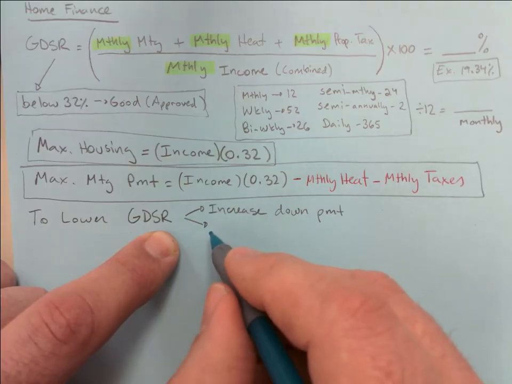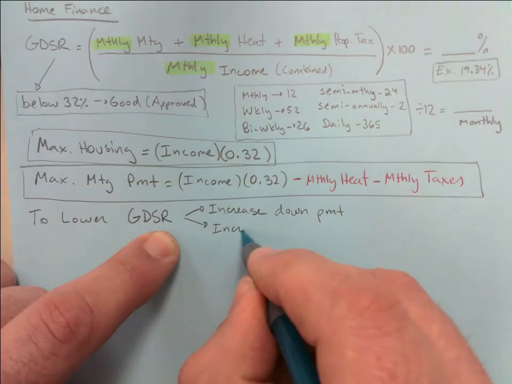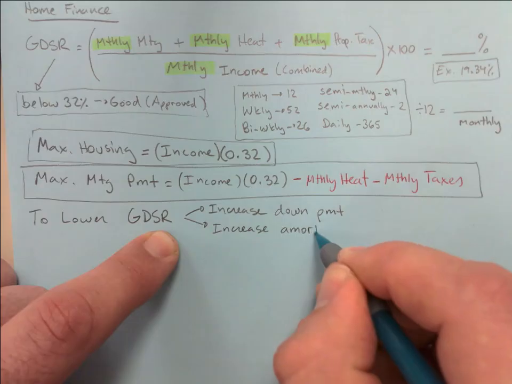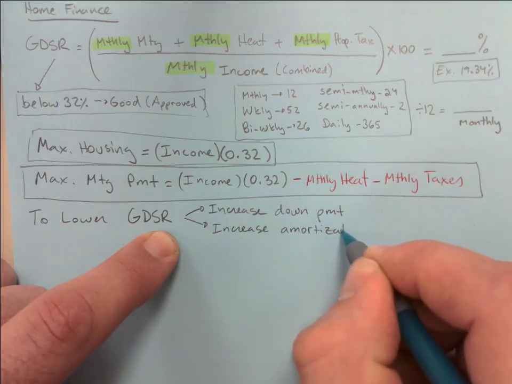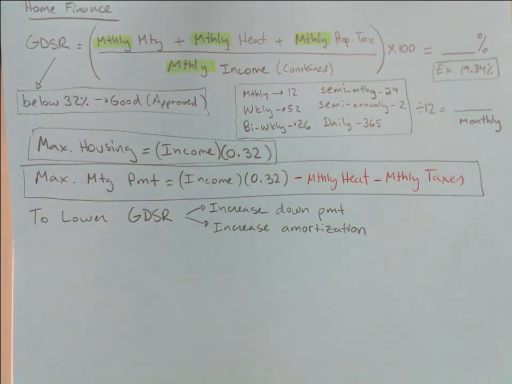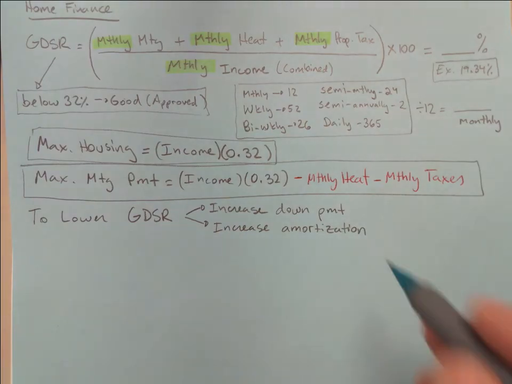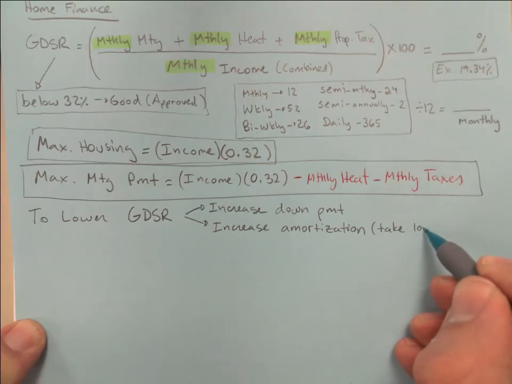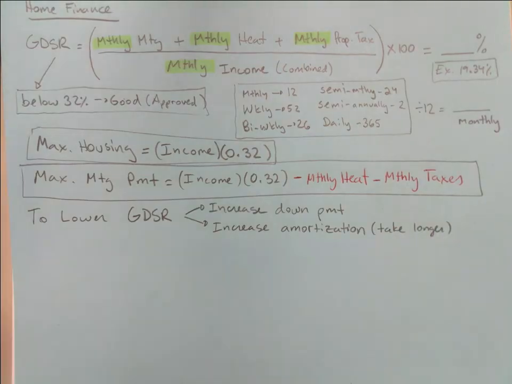You can increase amortization. You know what amortization is? The length of time to pay this off. I don't like that word, just say take longer. Take longer to pay it off.